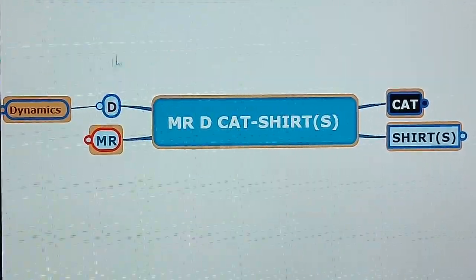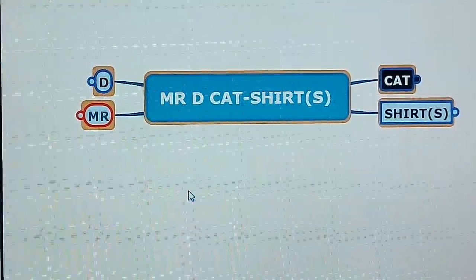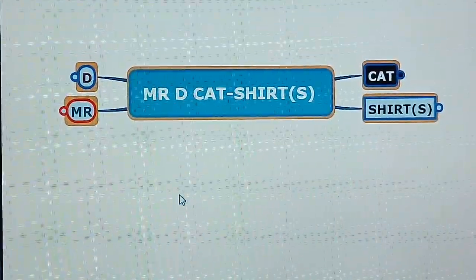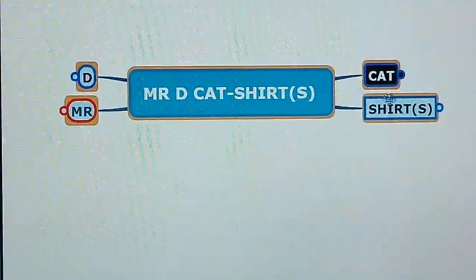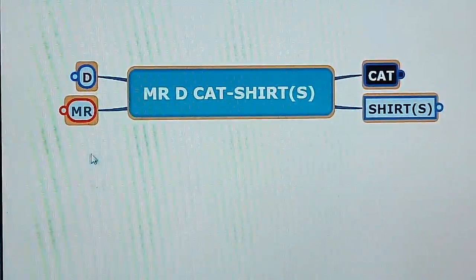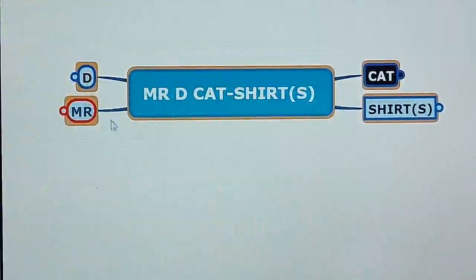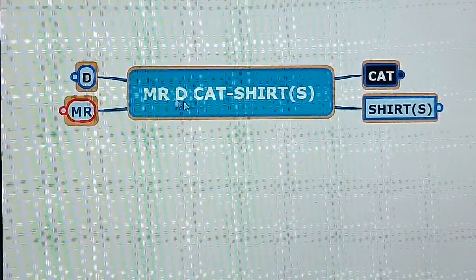Always collapse the mind map so that you don't get bogged down with too many thoughts. So here we go. Mr. D. Cat shirts. You may have noticed, of course, that I've put a red circle around there. I've got a blue circle around there with red letters.